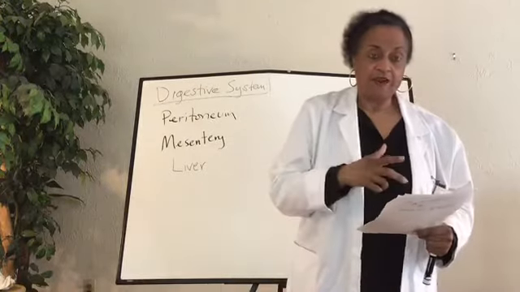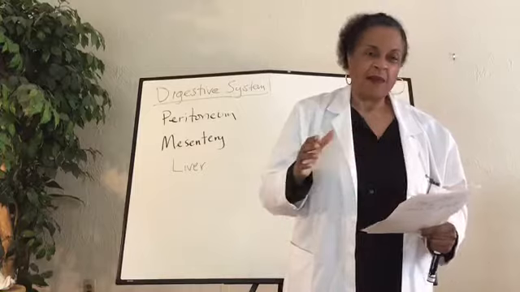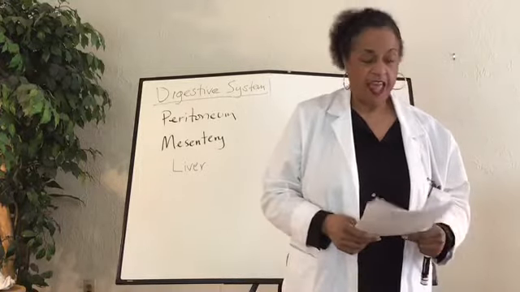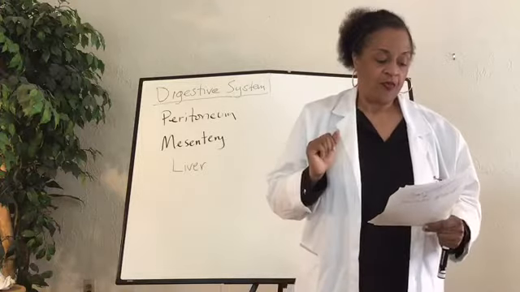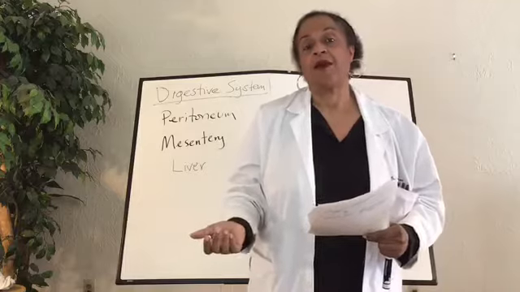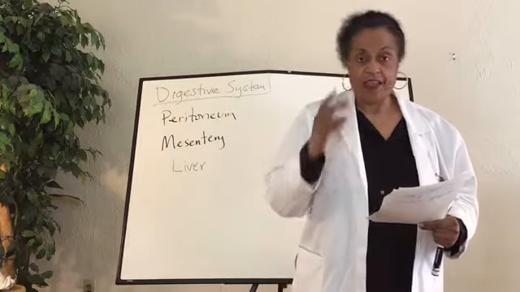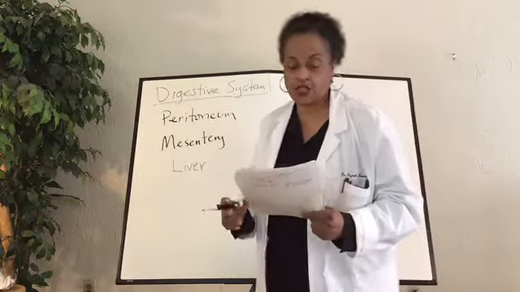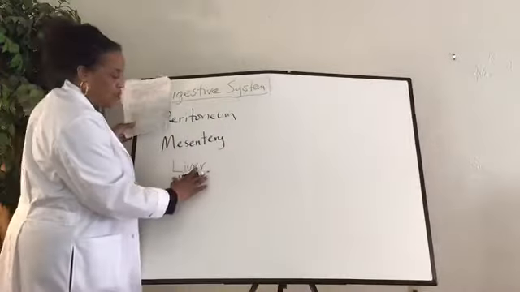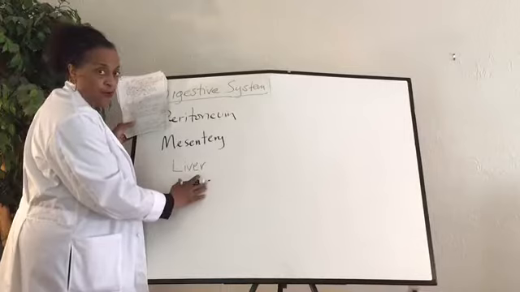You're going to have a left lobe that makes up less than 20% of the entire liver, but the right lobe makes up a great majority of the liver. It makes up about 80% of the liver, and the right lobe is divided into 3 parts. So you got 2 lobes, a right lobe and a left lobe.